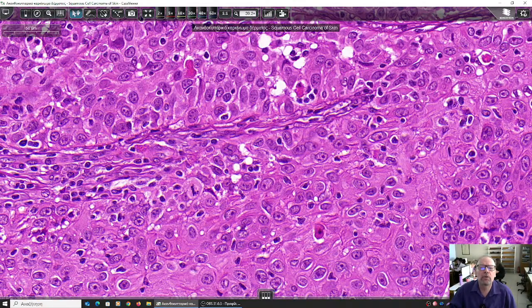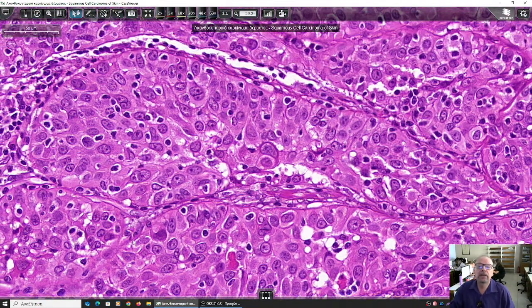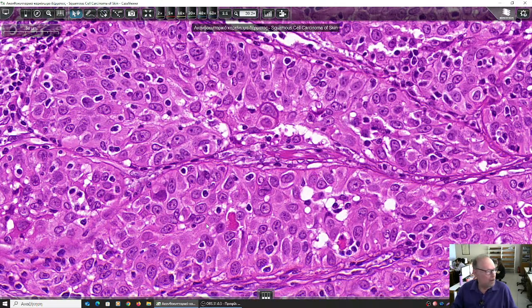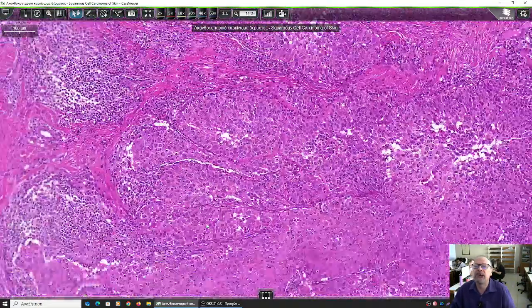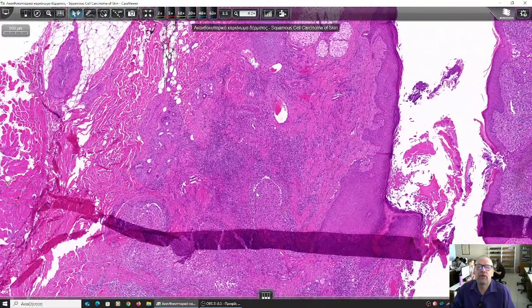I'm not so sure which of the two. However, it is not normal. And in these downward projections, the cells have no proper orientation. Remember how calmly the cells grow in normal epidermis. They grow in parallel lines. Here they are all mixed up. So it grows downward. So this is a sign of invasion.